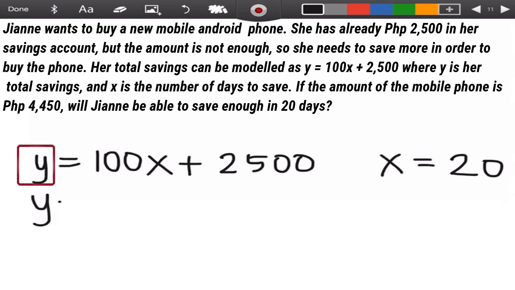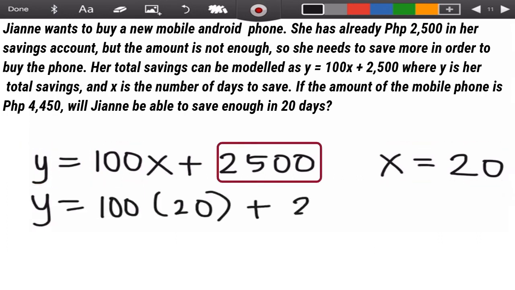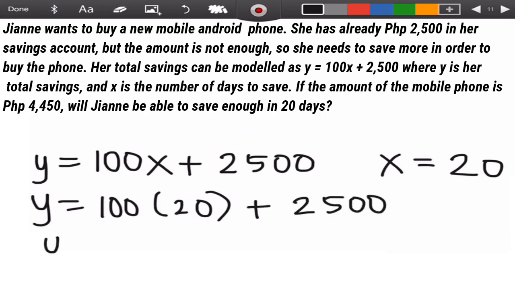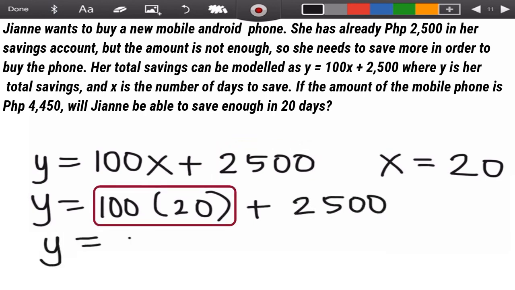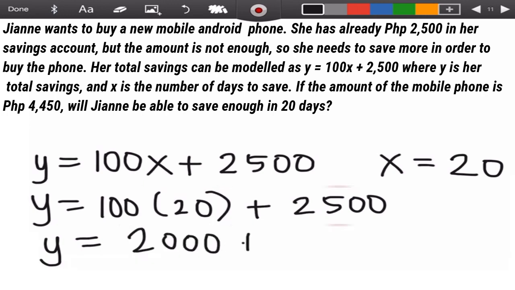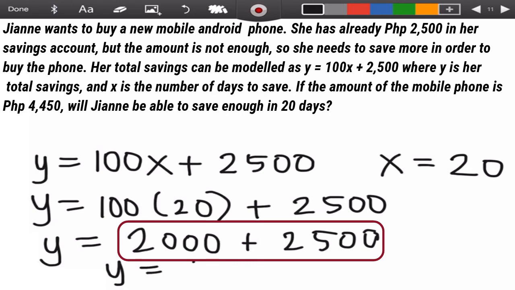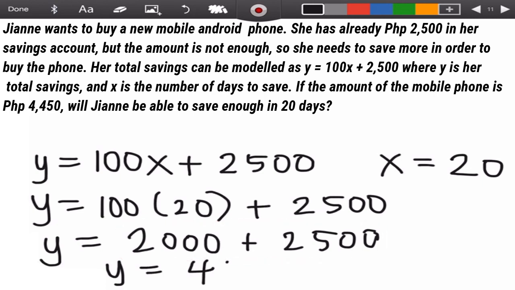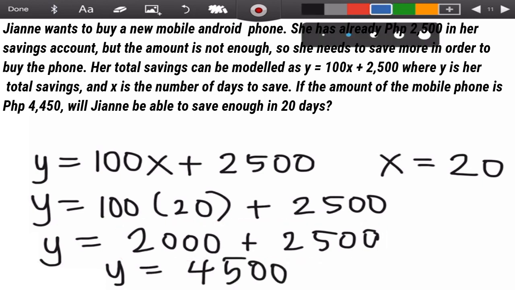We have y equals 100 times 20 plus 2,500. y equals 100 times 20, that is 2,000, plus 2,500, that is 4,500. Meaning, 20 days is enough for her to buy the new phone because the amount of the phone is only 4,450. So the answer here is yes.